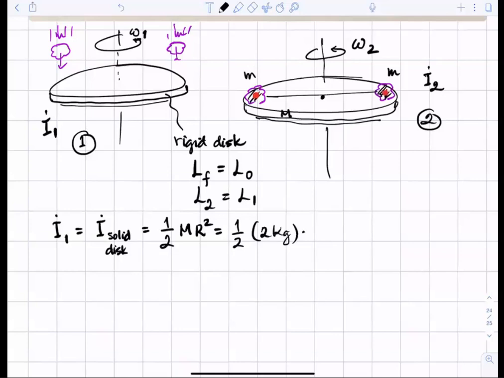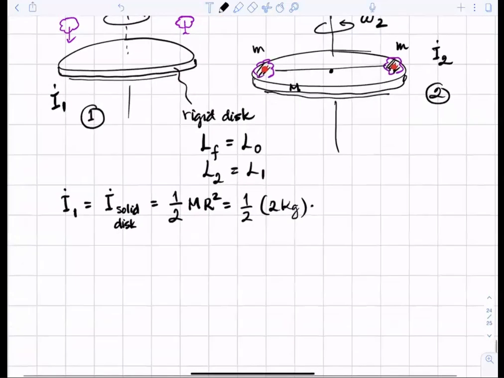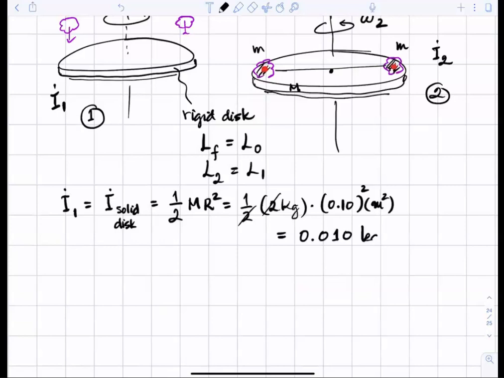The radius is half of the 20, so that's 10 centimeters, so 0.10 squared, and these are meters squared. After you do the math here, you get 0.010, and those are kilogram meter squared. All right, so we have the first inertia right there.